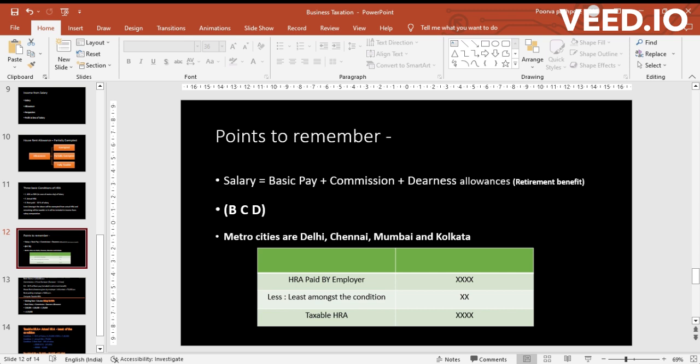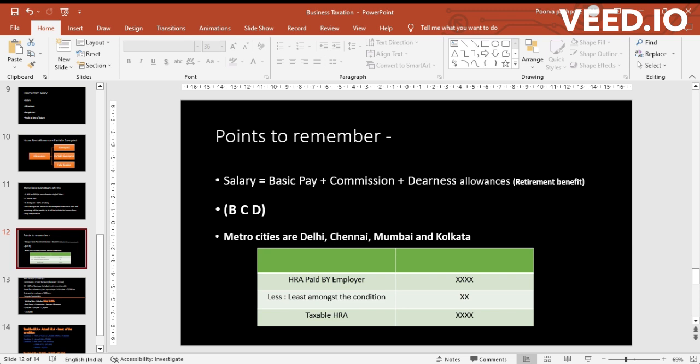We have to remember that when it comes to calculation of salary in taxation, for every component, whether it is a perquisite or an allowance, we calculate a separate salary for it. So salary for HRA is basic pay plus commission plus dearness allowance. Dearness allowance is included only if it forms part of retirement benefit.